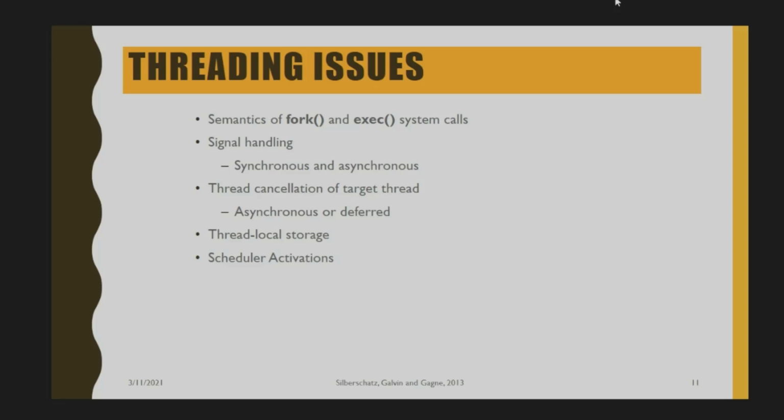Okay, the next part is about thread local storage. A thread belongs to a process, and a process shares its data. This data sharing provides one of the benefits of multi-threaded programming.